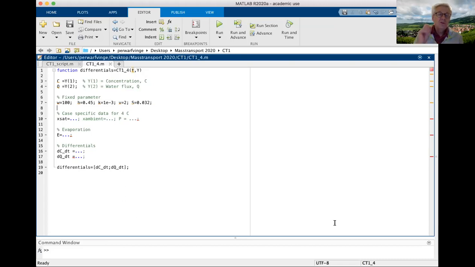So what you will do is you will take pre-prepared MATLAB scripts, small functions, and then you will add some numbers for parameters and for an expression for evaporation and the two differential equations that I just showed.